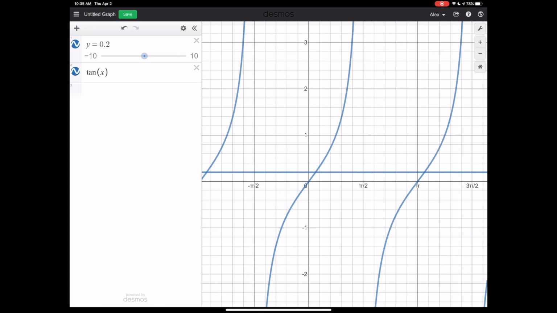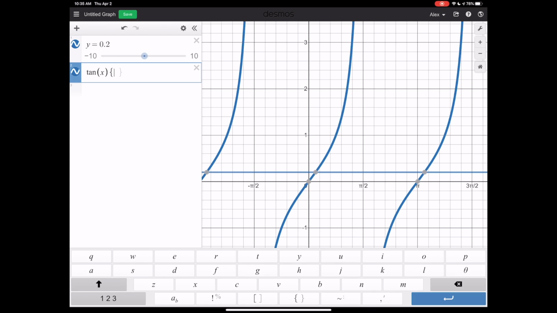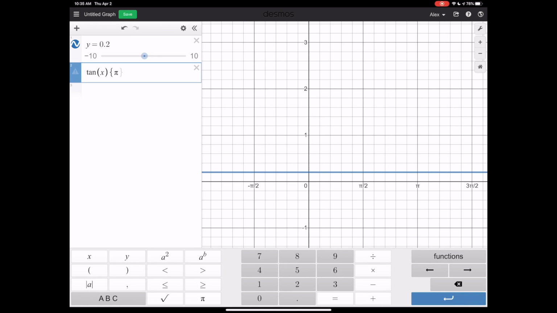And if my vertical asymptotes are at pi over 2 and negative pi over 2, then that's going to be my restriction. In other words, I'm going to set this restriction to only be this first band in the middle that I have highlighted. And so to do that, we're going to do negative pi over 2 to positive pi over 2.